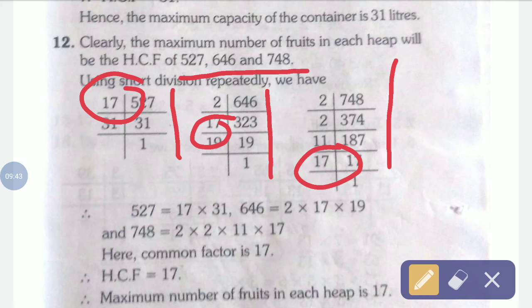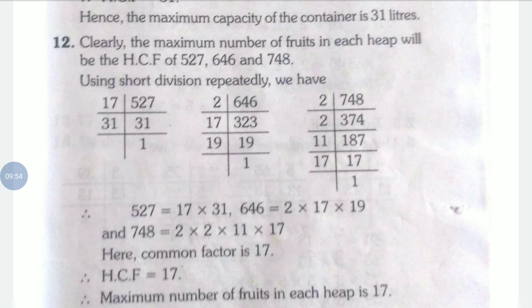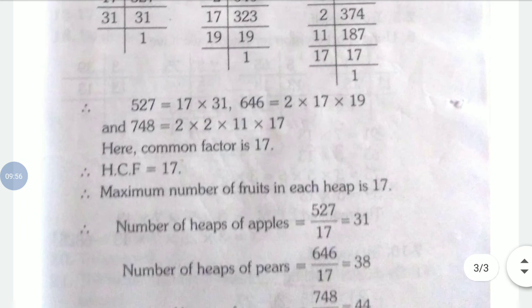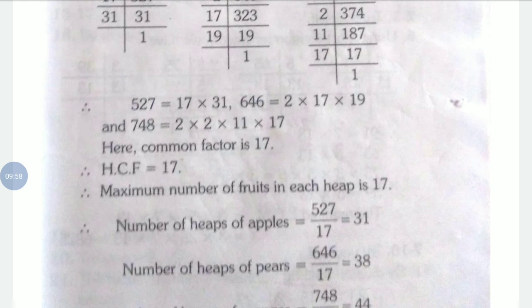17. The common factor between all of them is 17. So HCF will be 17. So the maximum number of fruits in each heap is 17.